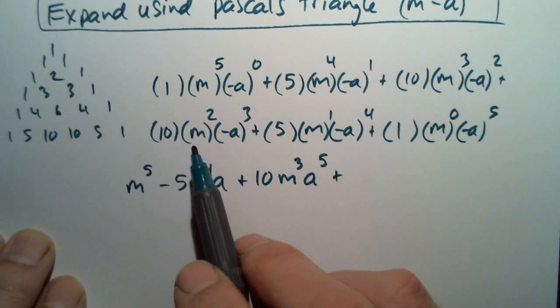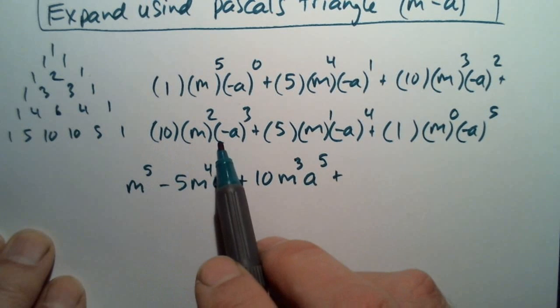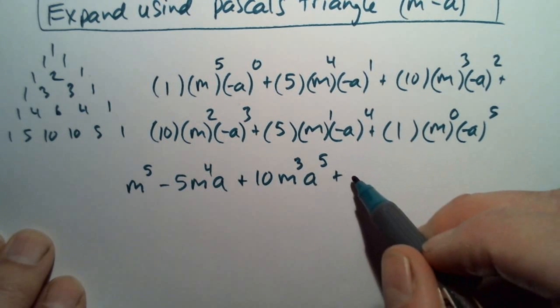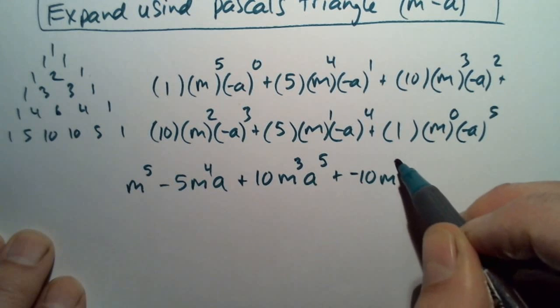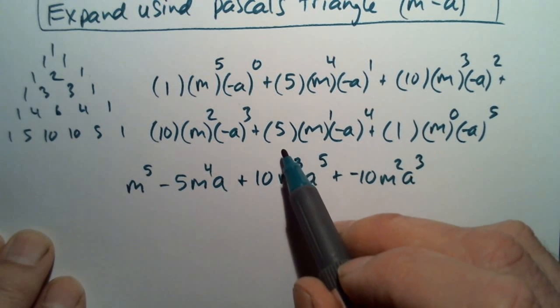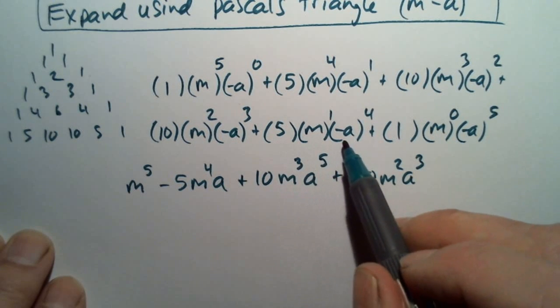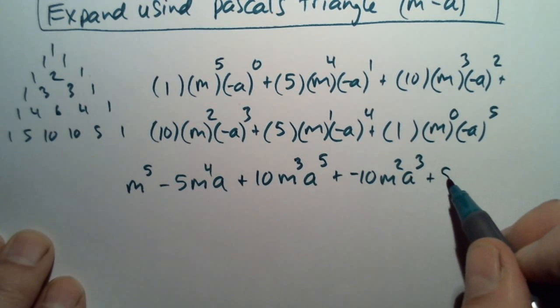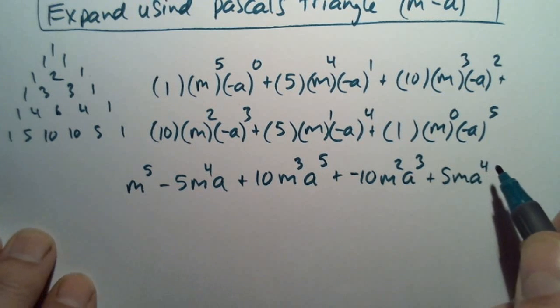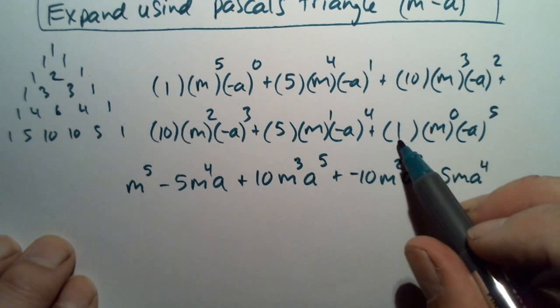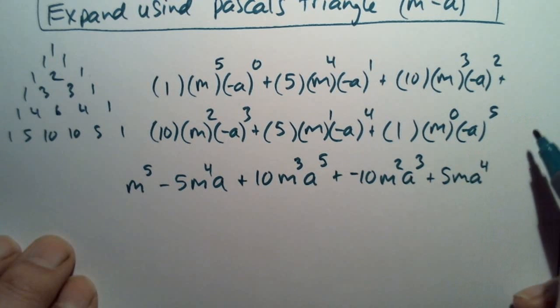Here we have 10m squared, and that'll be a negative 10m squared a cubed. Here is a 5m a to the 4th. 1 times negative a to the 5th.